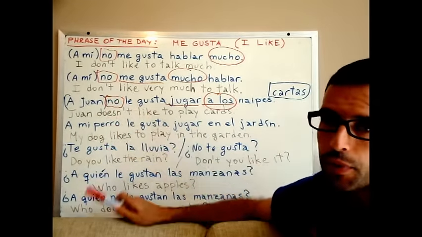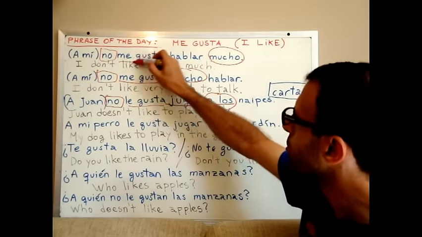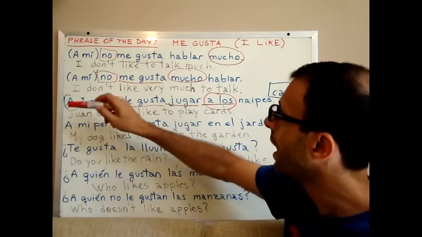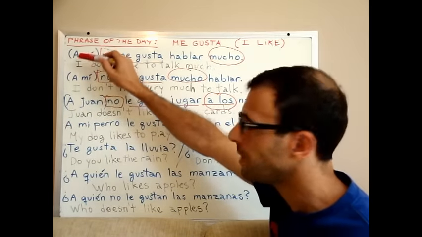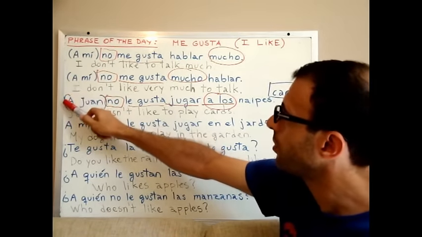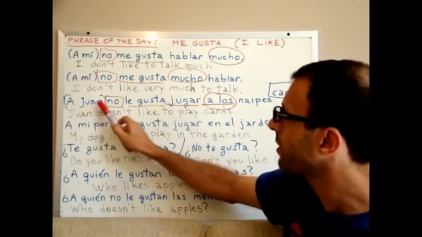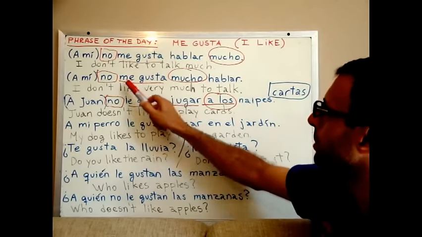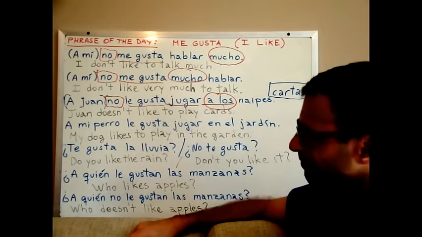So if we are using the short form, it would go at the beginning, before the le gusta or me gusta. If we are using the long form, a Juan, a mí, all this part that we can omit, then comes the no, and then the le gusta or me gusta, whatever, okay?